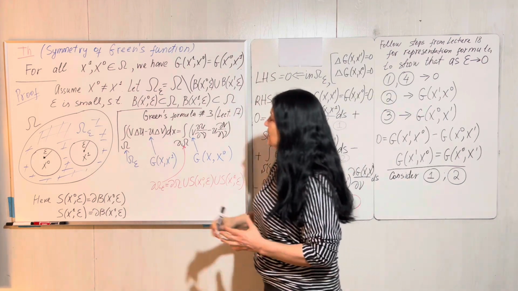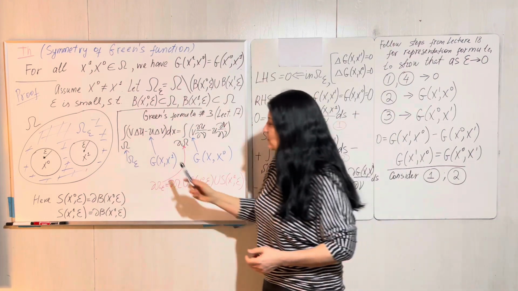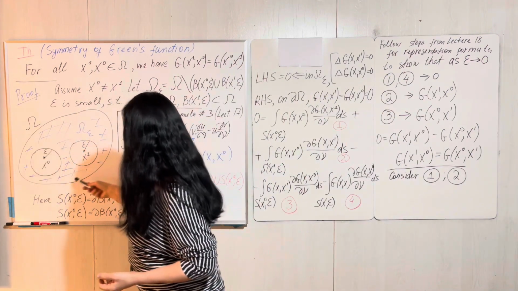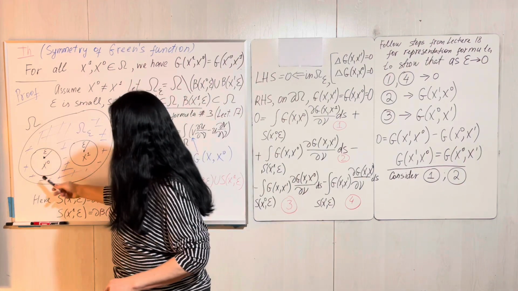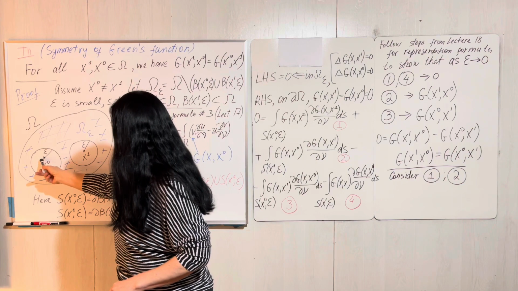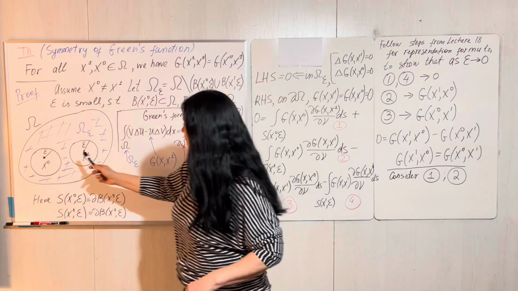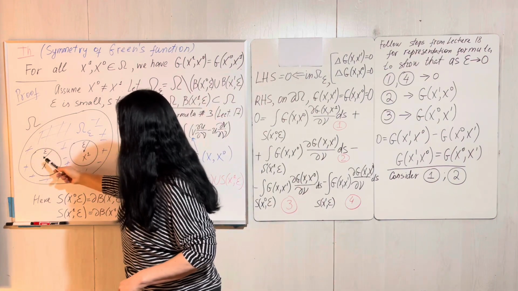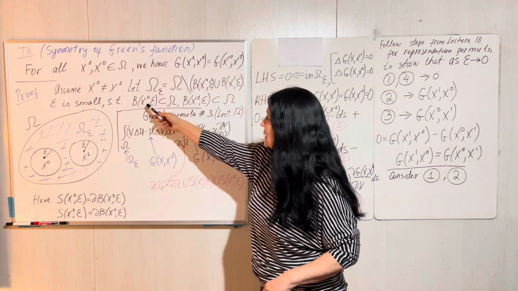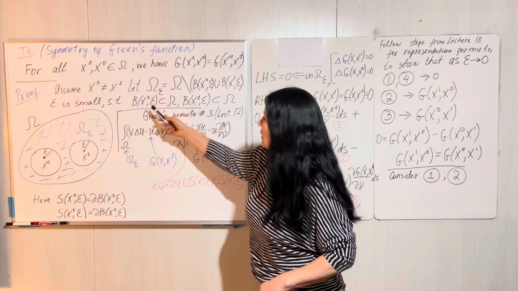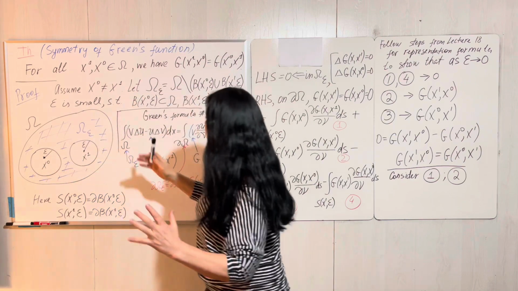And let's consider domain omega epsilon. So what is omega epsilon? Let me describe it. We have our domain omega as before, and somewhere in this domain we have point x0 and somewhere x1, and then we draw small balls of radius epsilon around each point, such that both balls belong to our original domain omega.